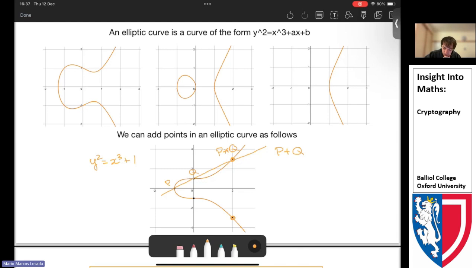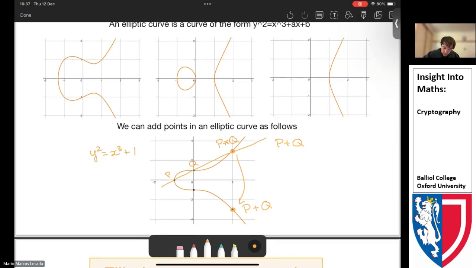And this reflection is what we call P plus Q. Right? So something to point out is if you look at the equation of the graph, it's invariant under substituting y with minus y, namely it's an even function of y. And so in particular, the graph is always going to be symmetric with respect to the x-axis.